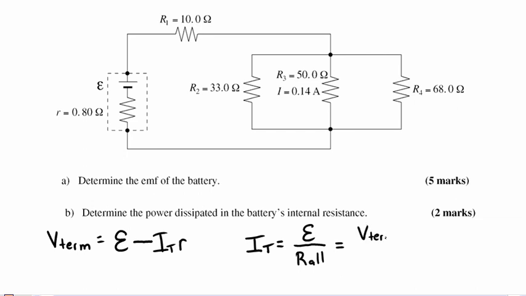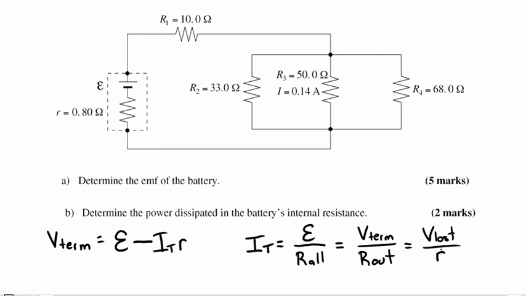You could take the terminal voltage getting out and divide by the resistance on the outside of the circuit, outside of the battery. Or in rare cases, you could actually talk about the voltage being lost on the inside of the battery, on that 0.8 ohms, and divide that just by the internal resistance. So 3 different options to come up with the value for I.